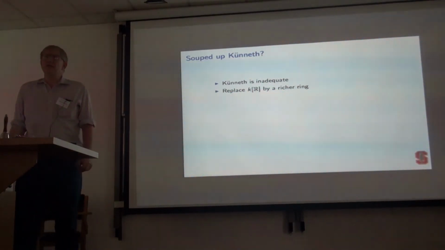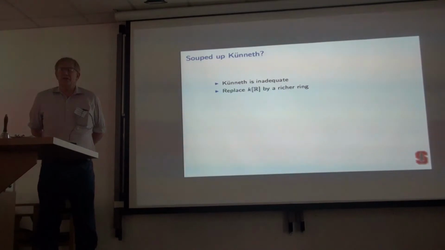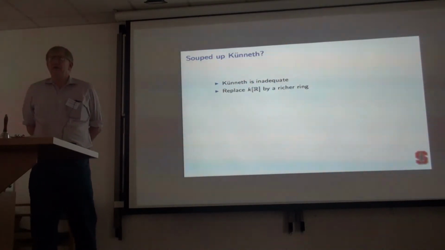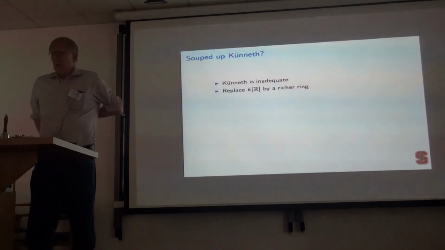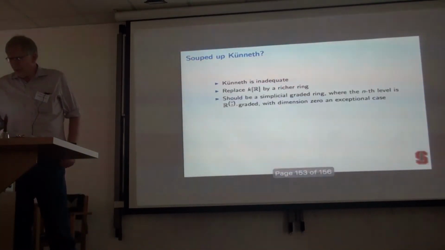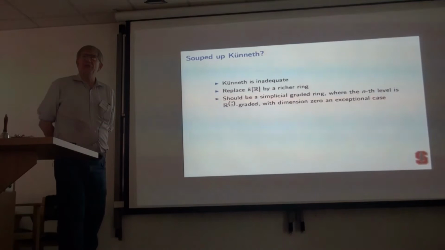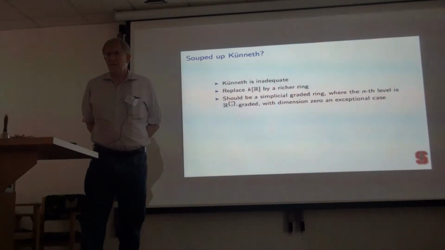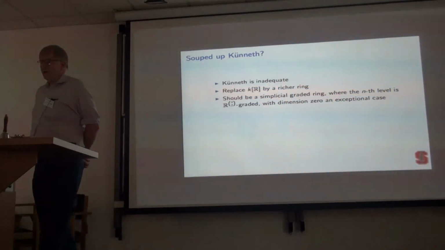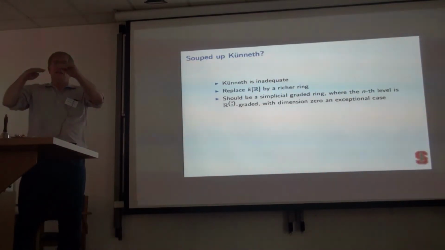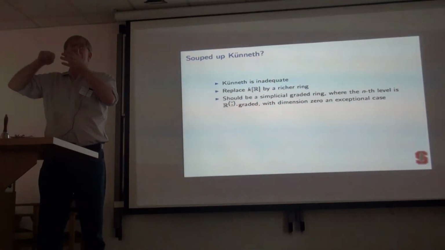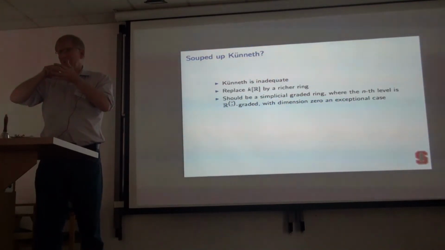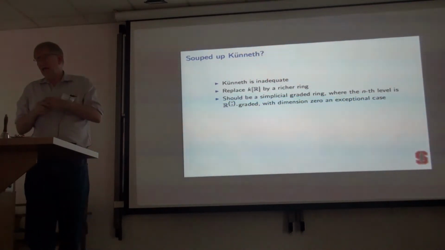So what I want to do is replace R, or K of R, by a richer, bigger ring. Actually, it's not just a ring, it should be a simplicial graded ring, so in every degree it is a different ring, graded by a different group, or a different monoid.